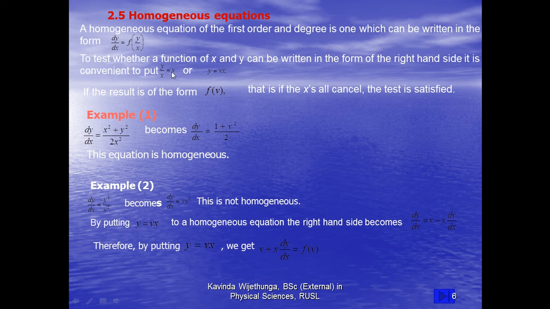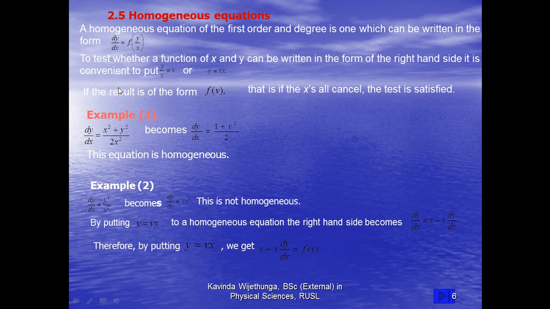To test whether the function of x and y can be written in the form of the right hand side, it is convenient to put y over x equals v, or y equals vx. This is the substitution we use to check whether it is homogeneous or not. That is y equals vx.